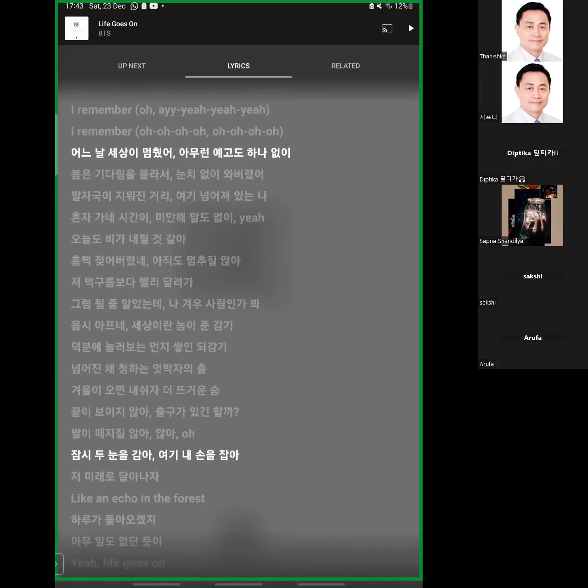It's not clear, I can't see the word properly. Okay. If possible, can you write the word?